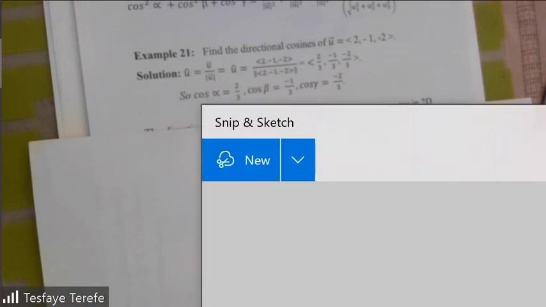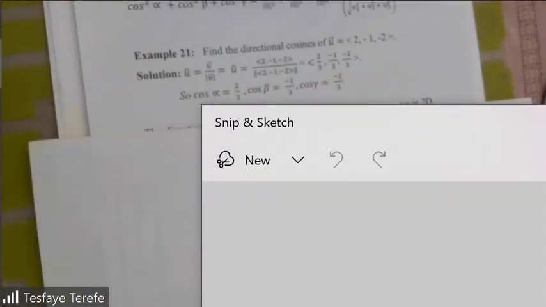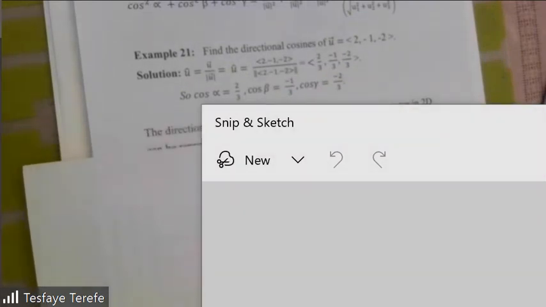If you want to get alpha or beta and so on, cosine inverse of 2 over 3 gives you the angle with the x-axis, cosine inverse of -1 over 3 is the angle between the vector and the y-axis, and cosine inverse of -2 over 3 is the angle between the vector and the z-axis.